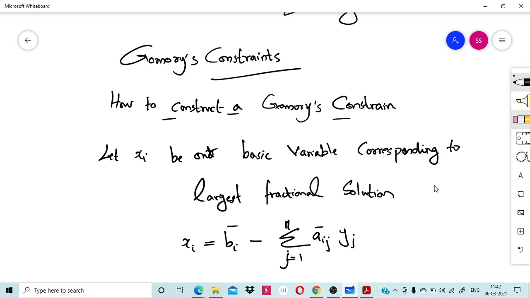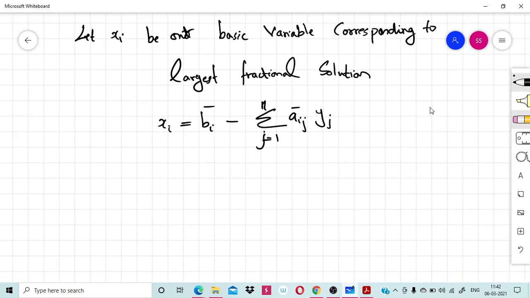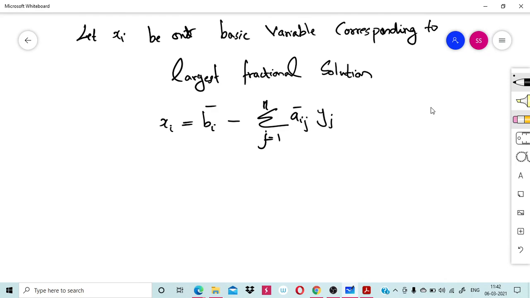Right, this is our equation. And where this bi bar is a non-integer.